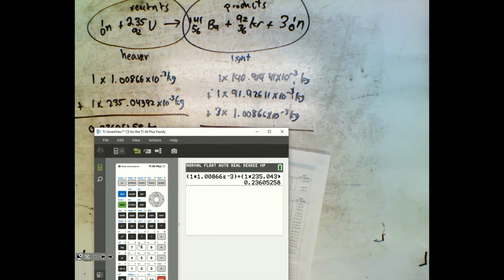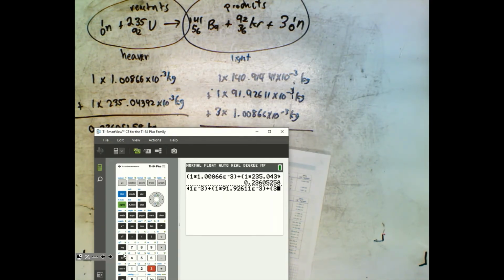So I'm going to add those together on my calculator. I'm going to go 1 times 140.91441 times 10 to the negative 3, close my bracket, add it to 1 times 91.92611 times 10 to the negative 3, close my bracket, add it to, so I have 3 neutrons, right?